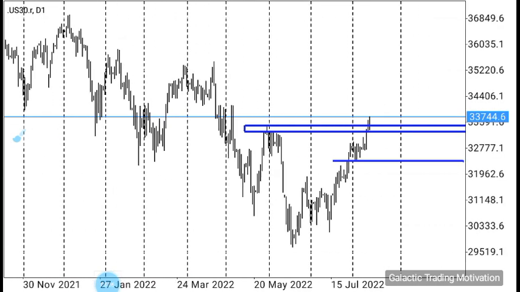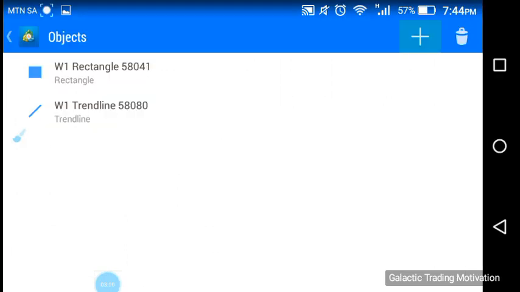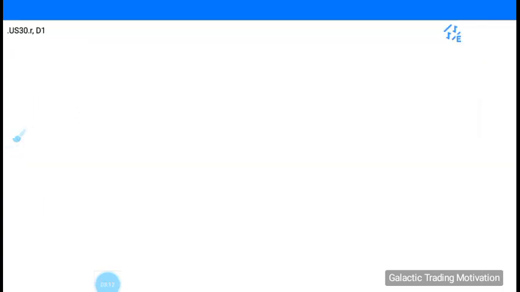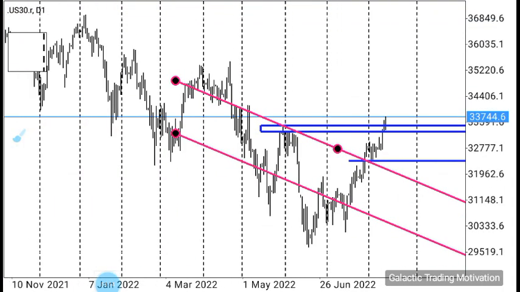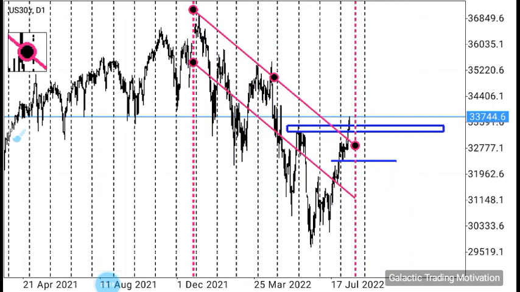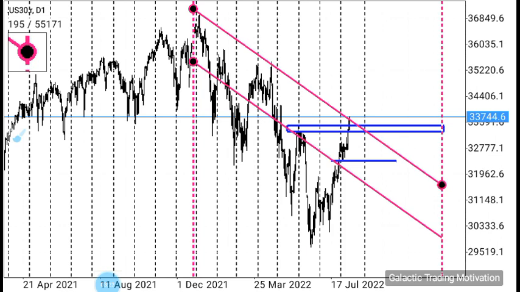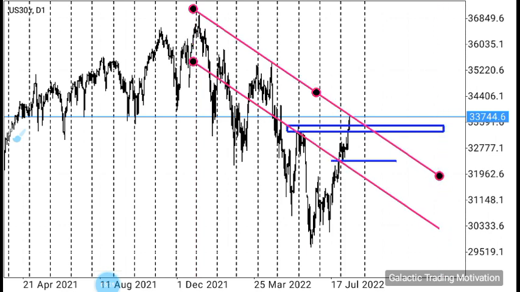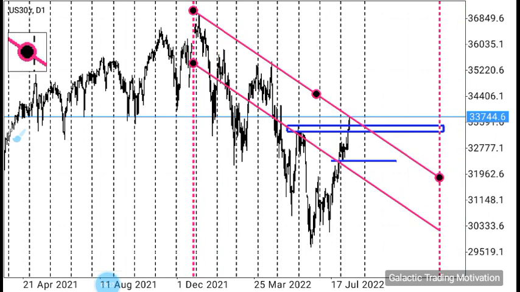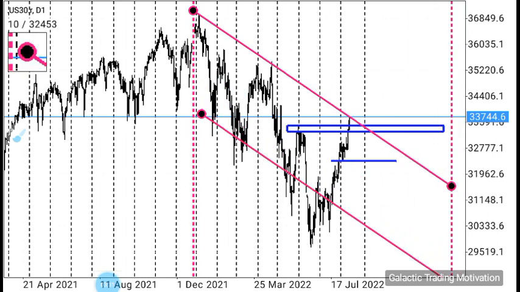Let's see. So on this particular daily chart, what I'm going to do is just add my equidistant channel. Just bear with me. Let's see. There goes my equidistant channel. There we go, more or less.